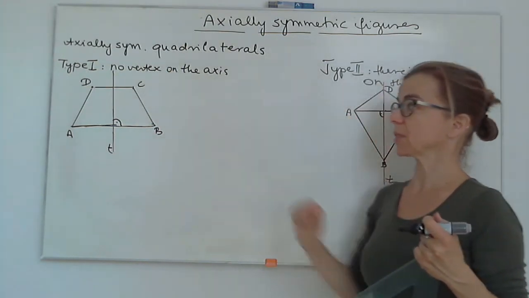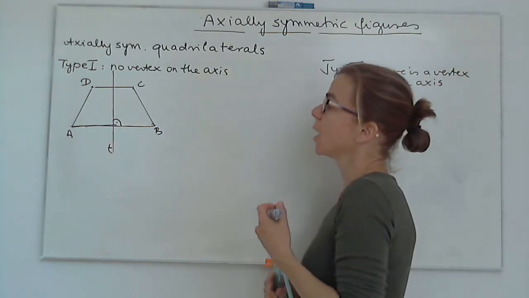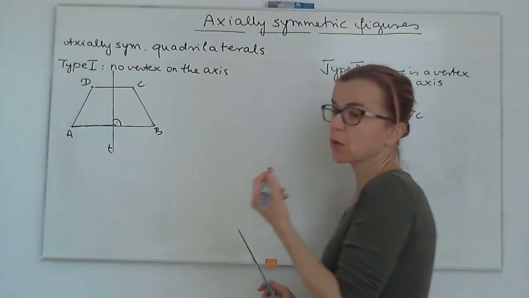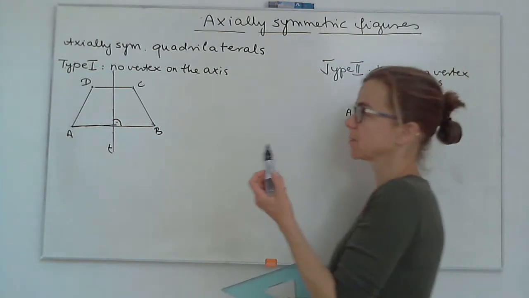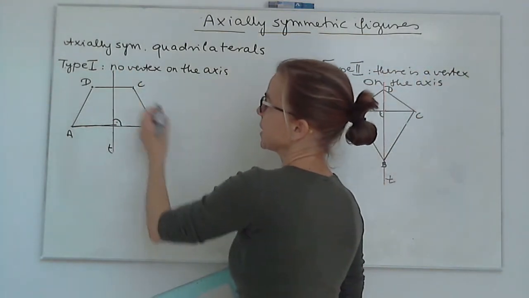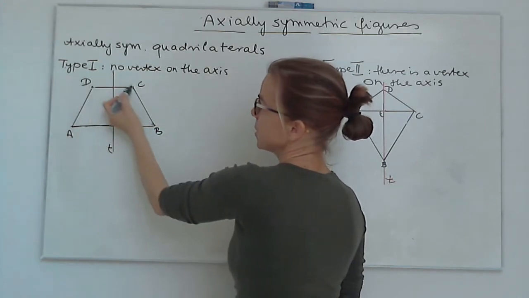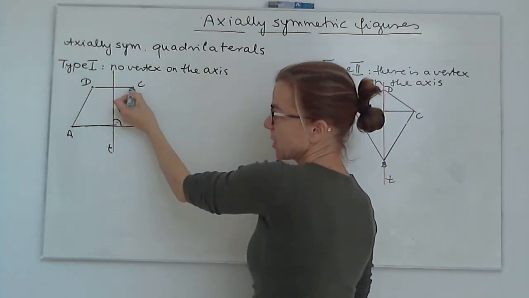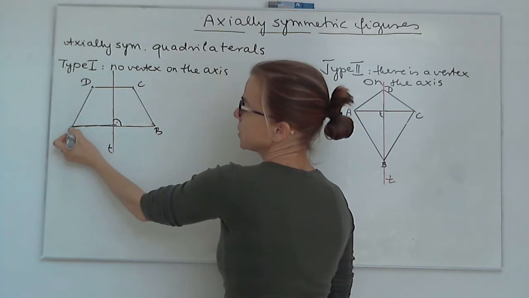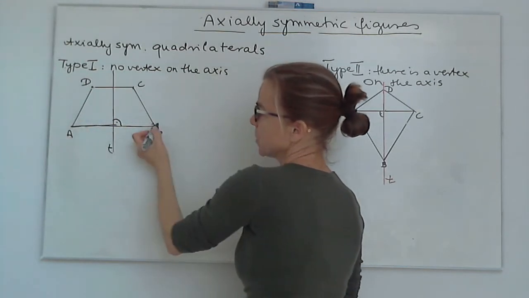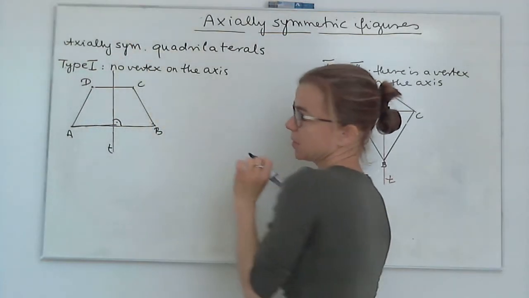If this is the case, then because the figure is axially symmetric and the vertices are not on the axis, if you pick any vertex, its mirror image has to be another vertex, and similarly, the other vertex also has to have a mirror image because of the axial symmetric property.